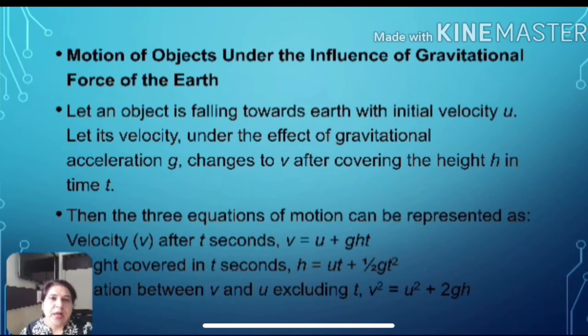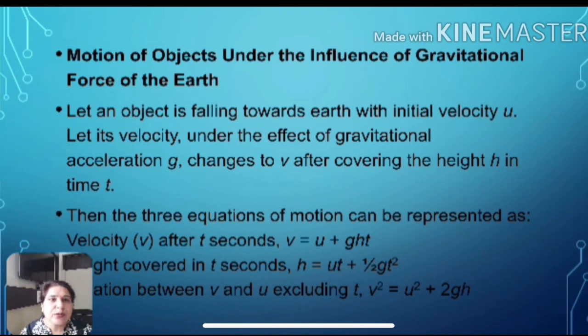Motion of an object under the influence of the gravitational force of Earth. Whenever we solve problems related to motion under gravity, when the object is moving from a height, we use the three kinematic equations which we have already studied. v = u + at becomes v = u + gt. Here it is written wrong, it is not h, it is v = u + gt.